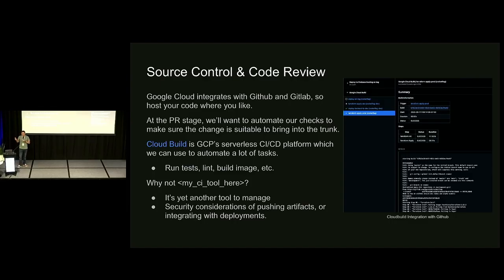But when you want to deploy code or make changes to your live environments inside Google, there's a security consideration of having to provide either API keys to push to artifact registries or make changes if you're doing Terraform or something like that, or workload identity federation with GitHub Actions. There's just a lot of extra stuff going on to make it work, whereas you kind of get that out of the box with service accounts and Cloud Build.